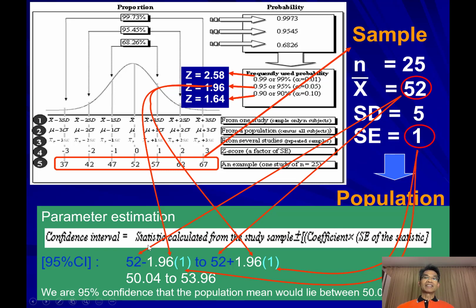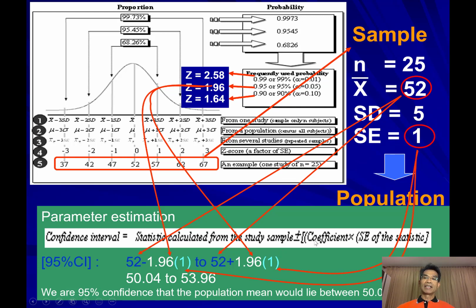Every statistic falls into the same concept. Whatever the statistic is, you could change from mean to proportions, to ratios like relative risk ratio, odds ratio, hazard ratio, whatever. The same way.